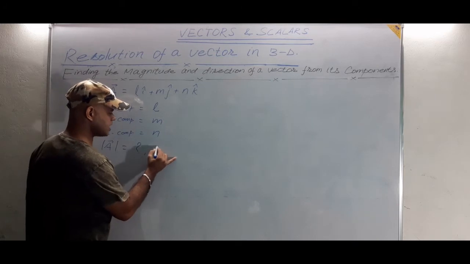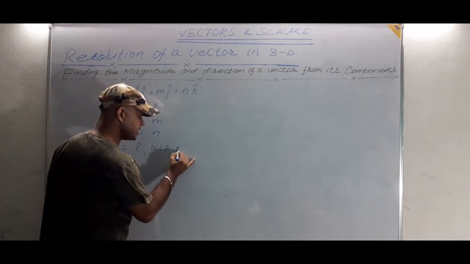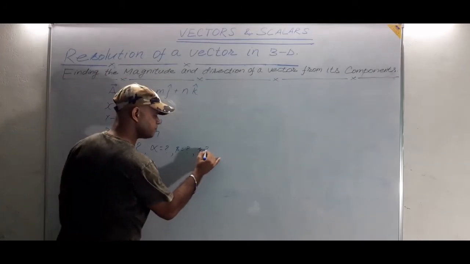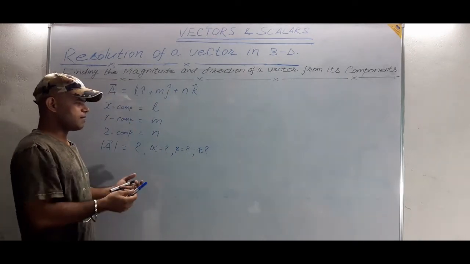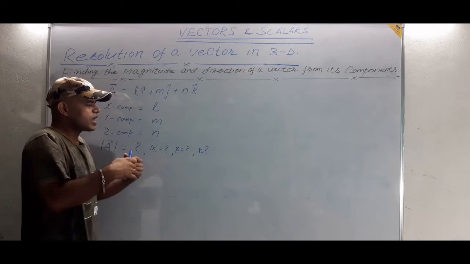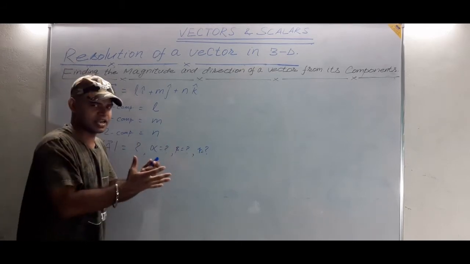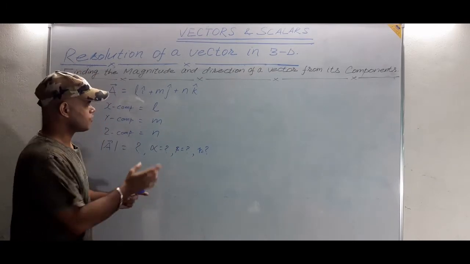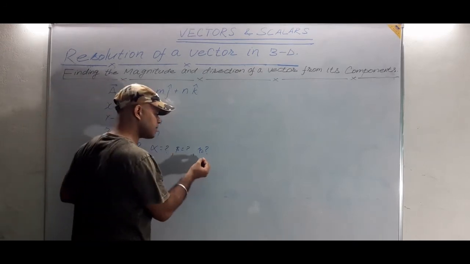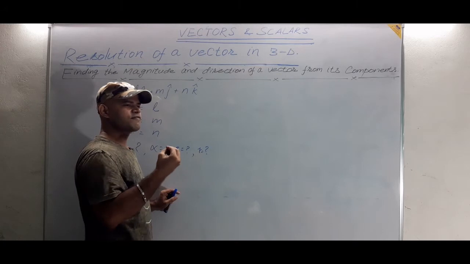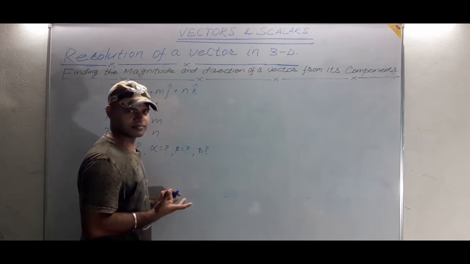Means you have to calculate alpha, beta and gamma, right? If alpha, beta and gamma are known, then you can find a unique line, means a unique direction which corresponds to this vector. So if you can find alpha, beta and gamma, it means you have found its direction, right?